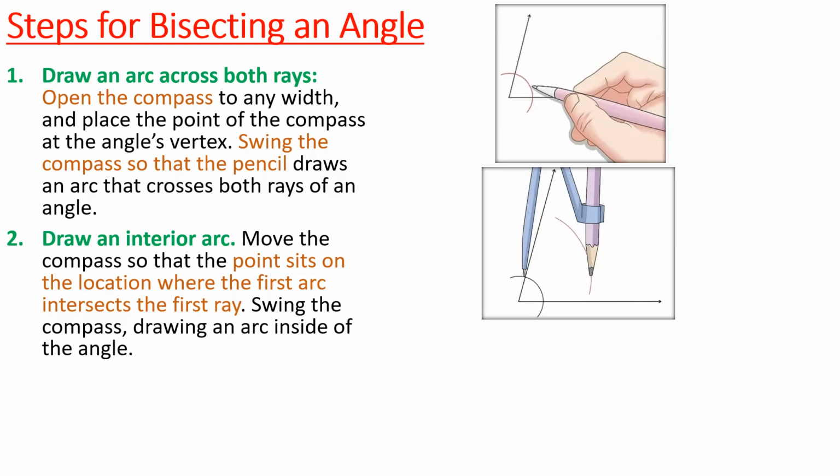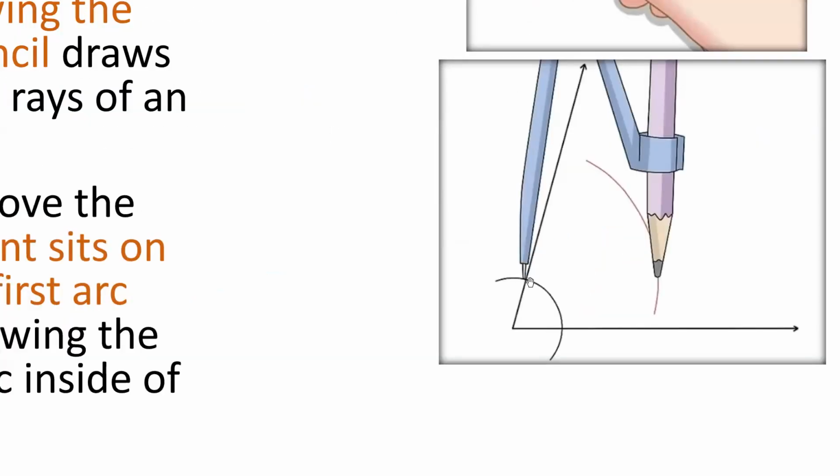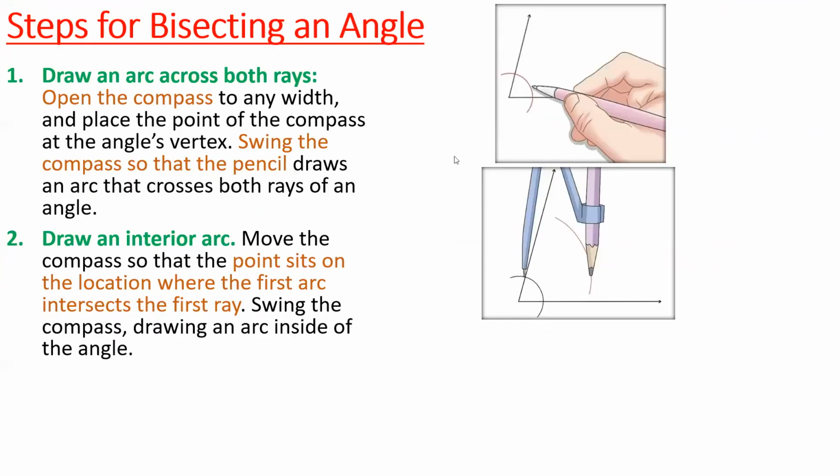Swing the compass, drawing an arc inside the angle. Very good. So, Joseph, what we're going to do is come to this particular point, and then draw an arc. Do you see that, Joseph? Good. All right, that's the second point.